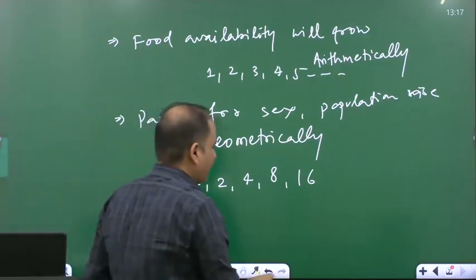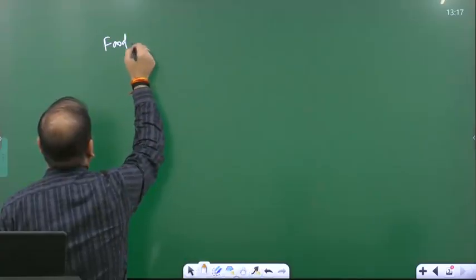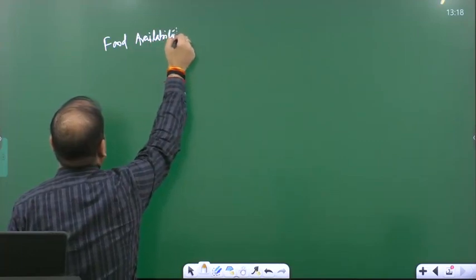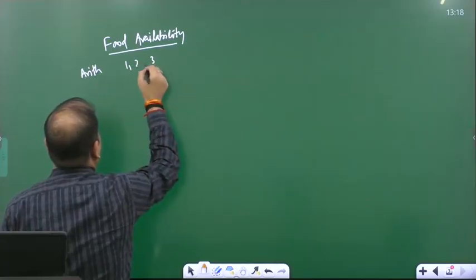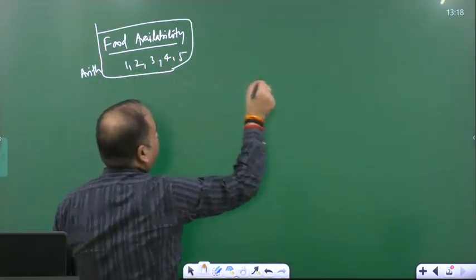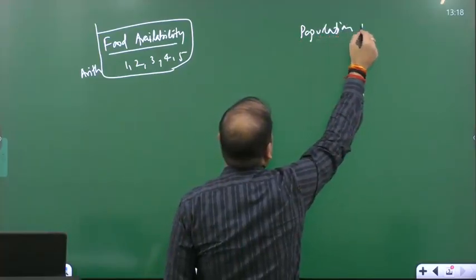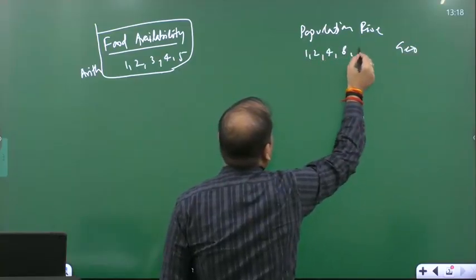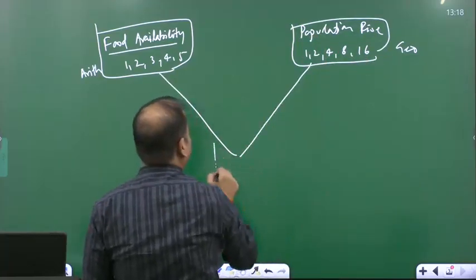Now tell me, if food availability increases arithmetically, and population rise will grow geometrically, then over the period of time what will happen?